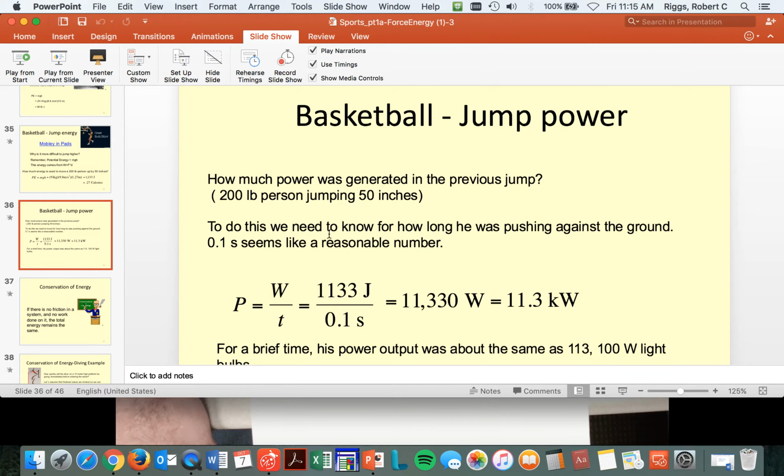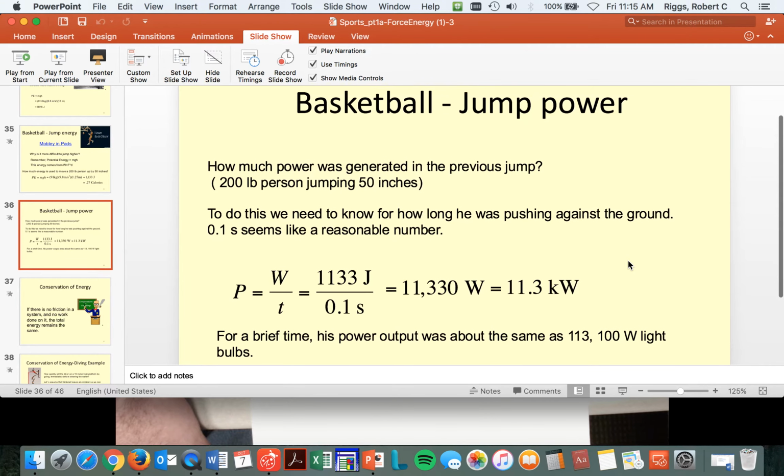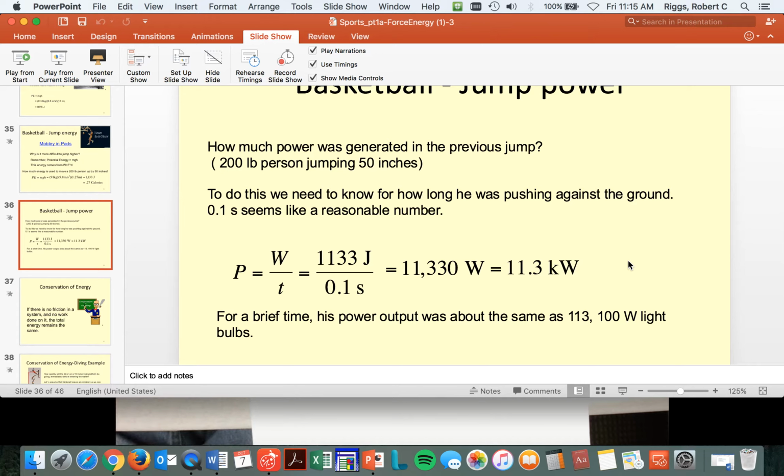His pushing off the ground is about 0.1 seconds, I think a little bit less than that. When you divide 11,300 joules by 0.1 seconds, you get 113,000 watts. That's like 1,130 hundred-watt light bulbs burning for that short amount of time.